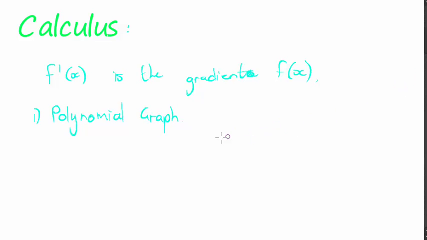Well, polynomial graphs have the form f(x) = ax^n + bx^(n-1) + cx^(n-2), etc., all the way to your final coefficient. Let's just say it's z or whatever, it doesn't really matter.